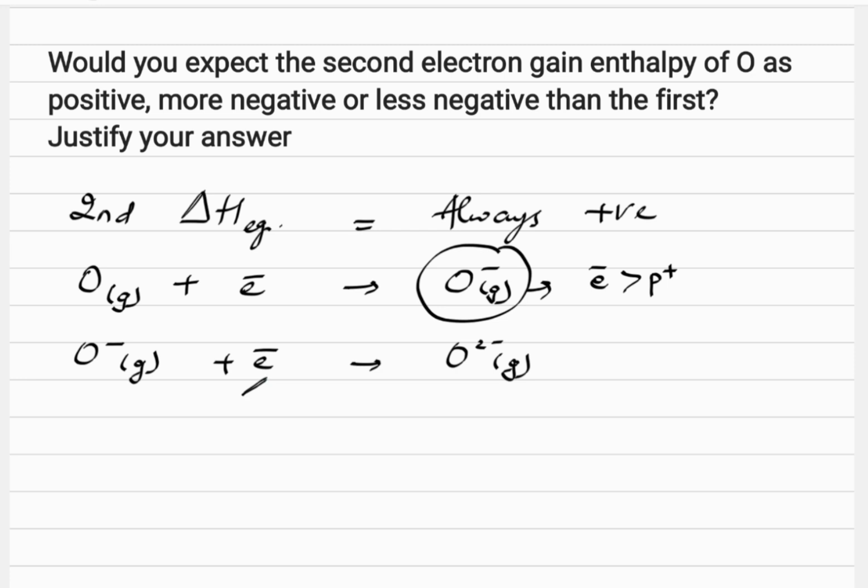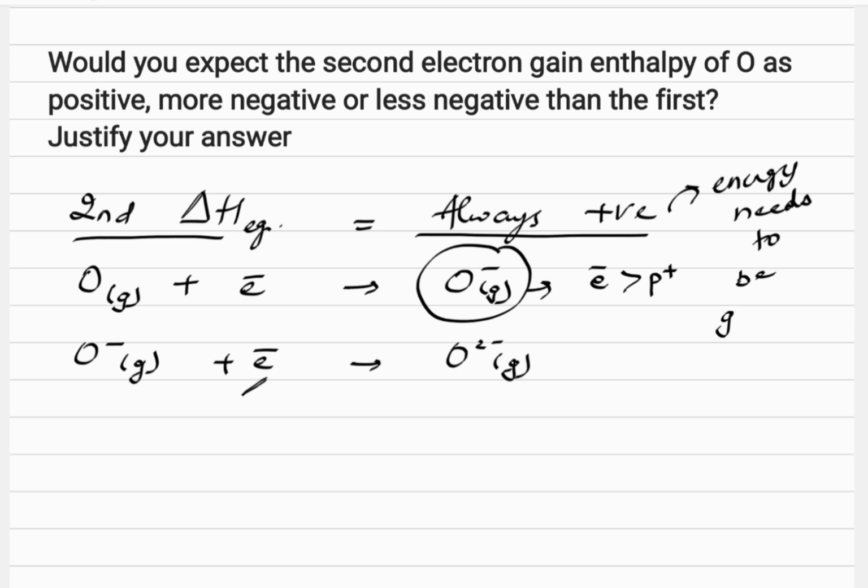So this second electron is in a way going to be forced upon an already negative ion. So your second electron gain enthalpy is always going to be positive. That means energy needs to be given.